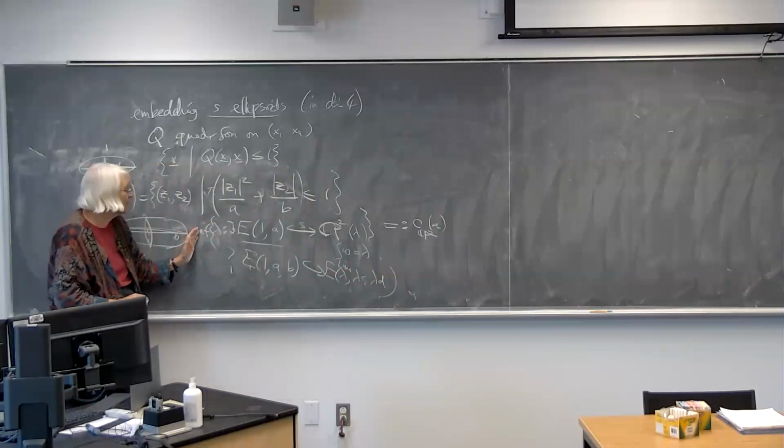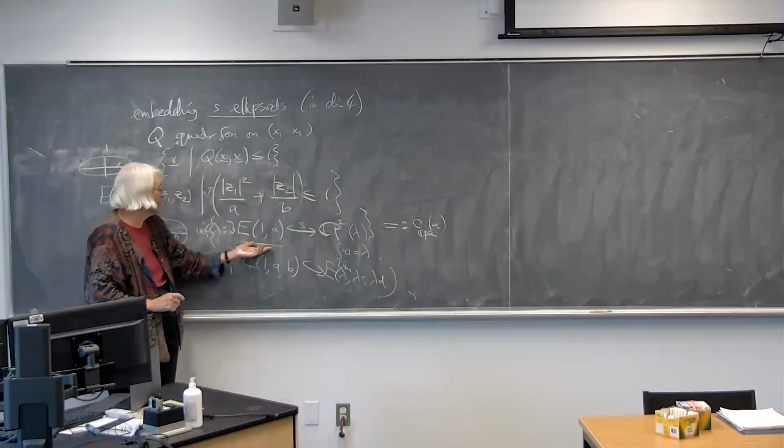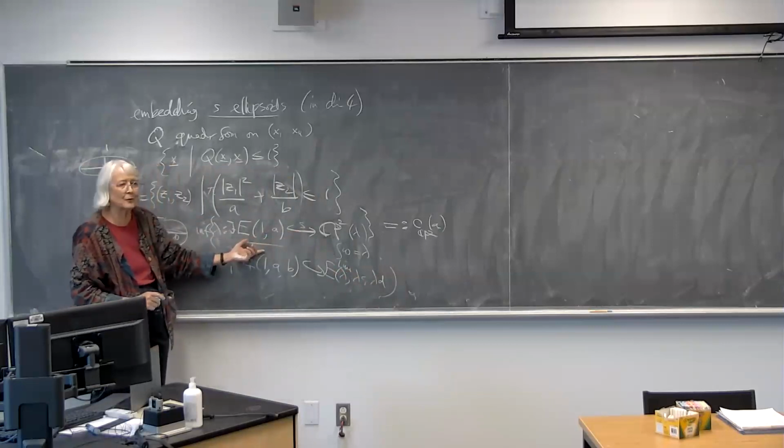And the reason we have a complete answer is that I realized that this embedding problem, embedding an ellipsoid into CP2, is actually equivalent to embedding a union of balls in CP2.